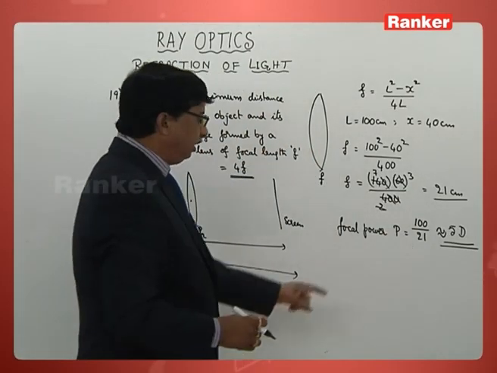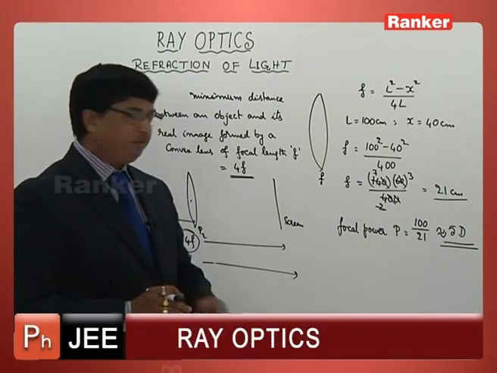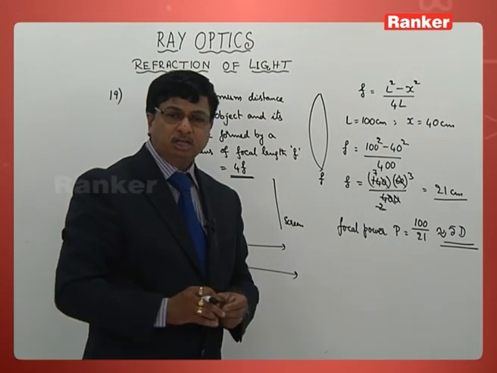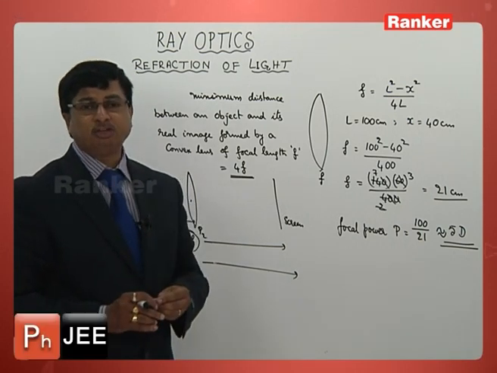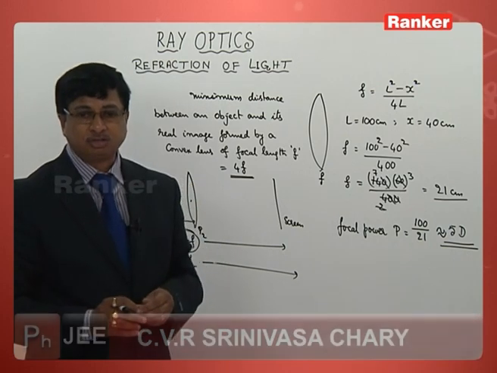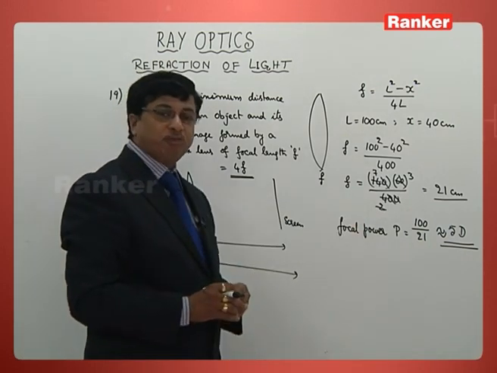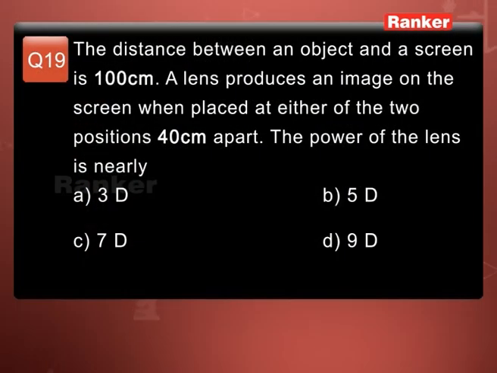Had it been exactly 20, we would have got exactly 5. It's 21 now in the denominator, so slightly less than 5 you will get, but he is asking for the nearby answer only. Nearly 5 diopter is exactly the second option. Therefore, the answer for this one will be B.